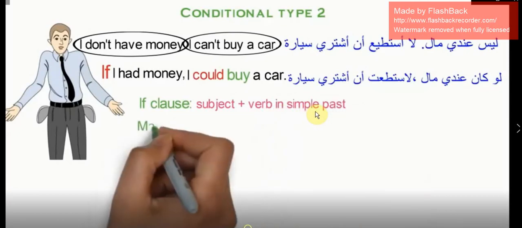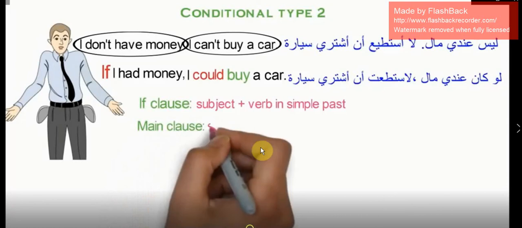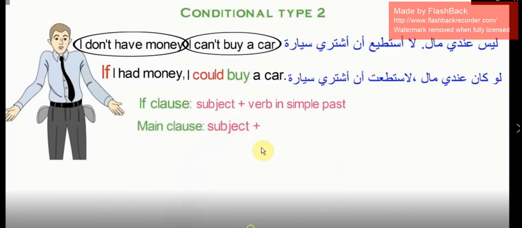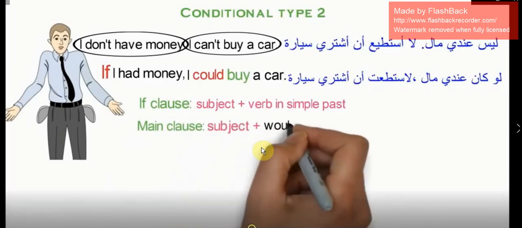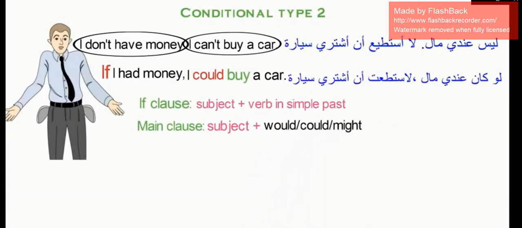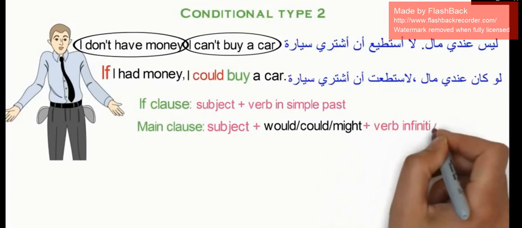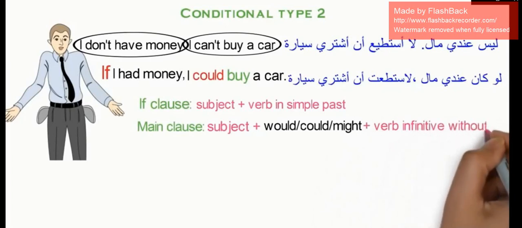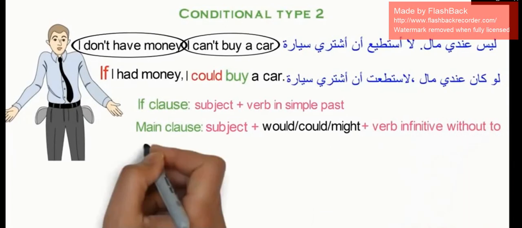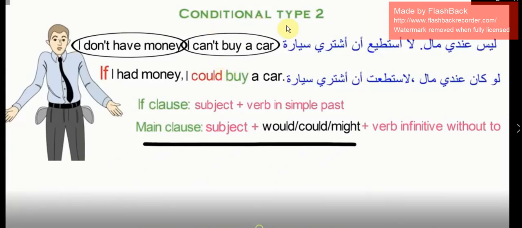عشان كده the rule is if clause subject بعده verb in simple past not present, main clause subject, could, would, might. Could, would, or might, any one of them, it's okay. Plus verb in infinitive without to.